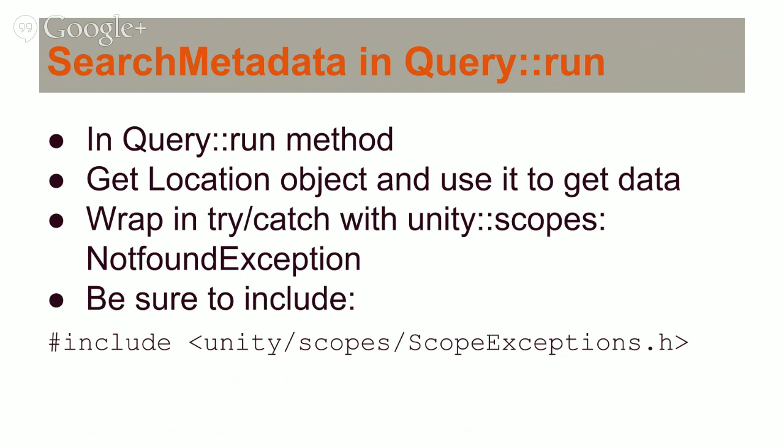If that happens, you want to catch it so your code doesn't die a horrible death while the user is sitting there wondering how to get to the nearby train station in the rain. So to catch that not found exception, you do need to include the unity scopes scope exceptions.h header file. I'll show you the code in the next slide, or the next couple of slides.